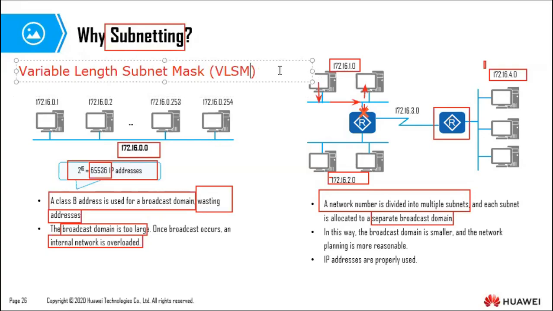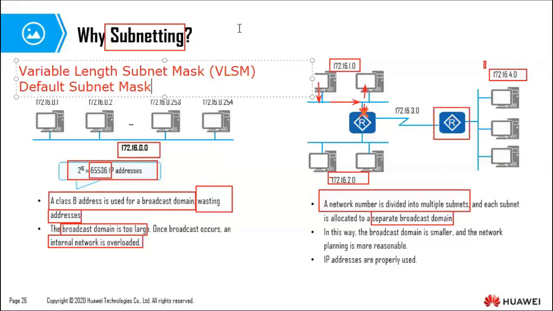You remember when we were looking at the classes, we mentioned the default subnet mask: for class A it is /8, for class B it is /16, for class C it's /24.